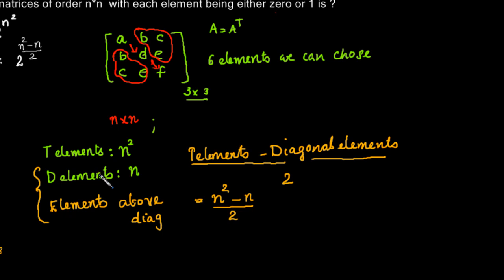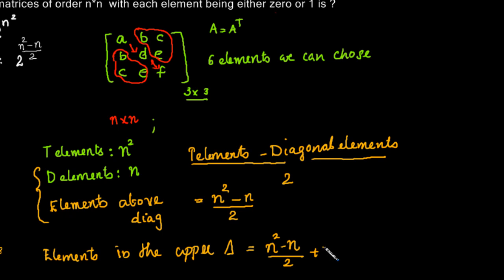That will be the diagonal elements plus elements above the diagonal. Okay, so we need the sum of n and n square minus n by 2. Let's see. So number of elements in the upper triangle, that will be n square minus n by 2 plus n, that will be n square plus n by 2.